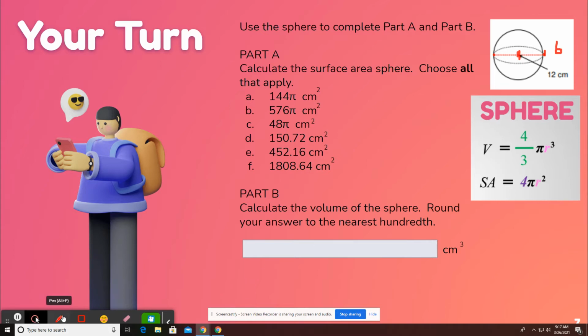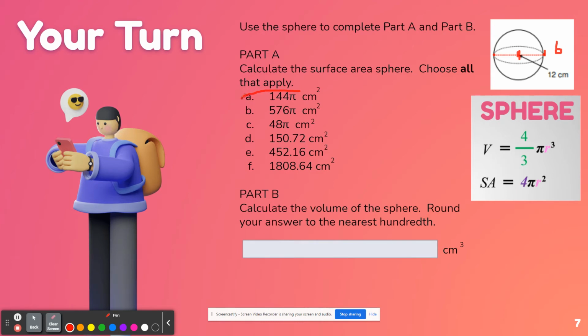So hopefully you've figured out that A is the correct answer for surface area, and that you've also figured out that E is the correct answer. Now, if you use the pi button on the calculator, you'll get 452.39.